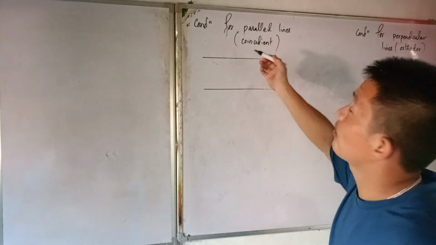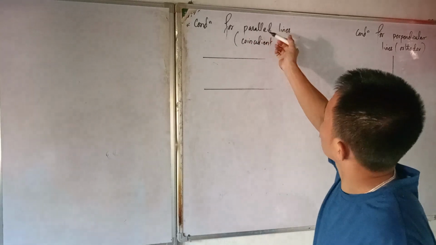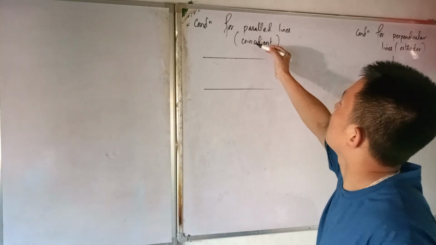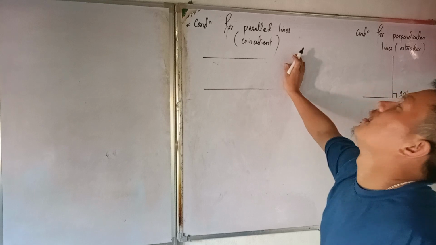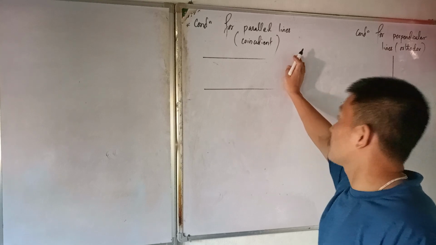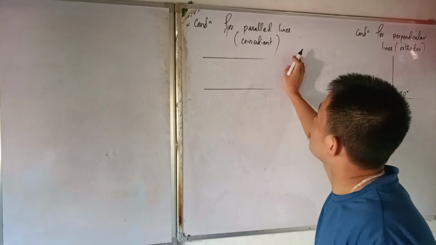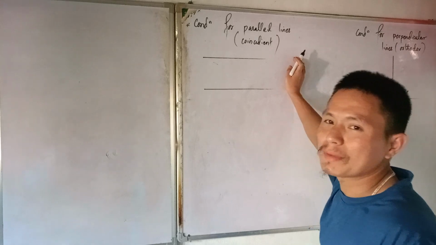For the condition for parallel lines and coincident lines, either parallel or coincident will be mentioned. The condition will be the same, but the meaning is not the same.